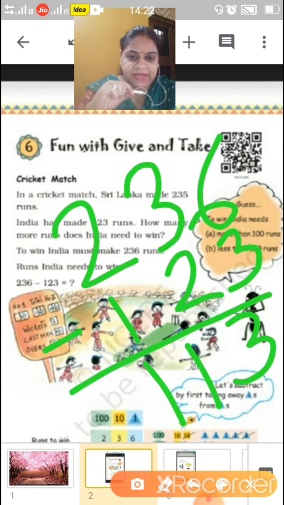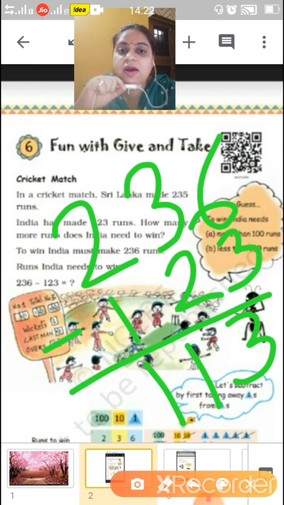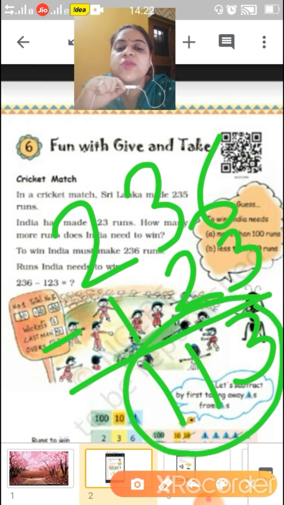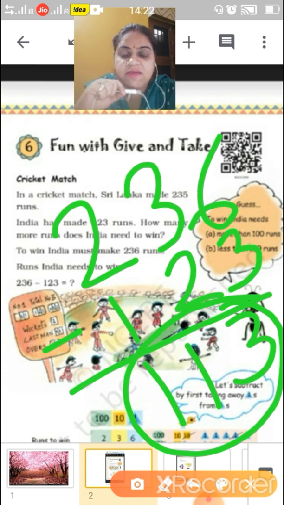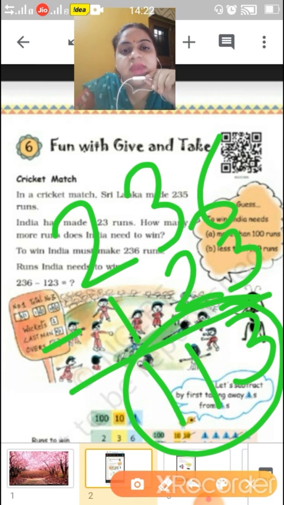We are going to subtract. India needs 113 runs to win from Sri Lanka, because they have made 235 runs and one more run they need. If they made 235, that is a tie. But when they make 1 or 2 runs more than the other, this means they have won the match.